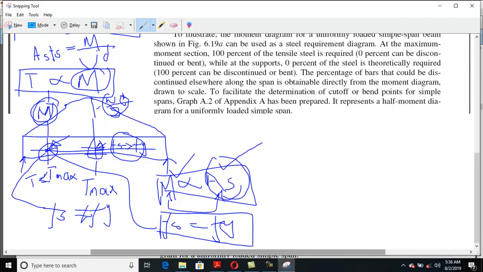But remember that whenever you are trying to cut bars, the ACI criteria is that if you want this yielding stress, you need to provide sufficient development length, because without that development length, you can't produce that stress.